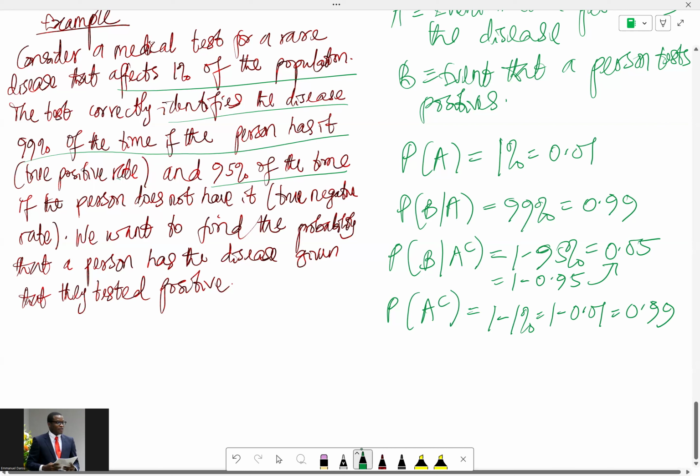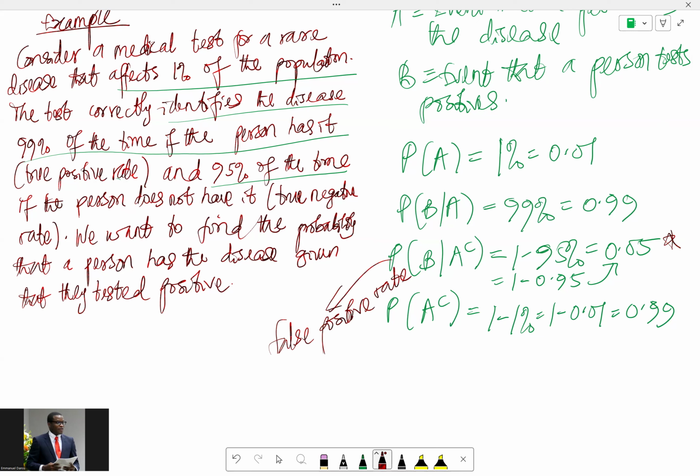Okay, so we need to pay serious attention to this part. This is the false positive rate. That means the person does not have the disease, but the system detects that they have it.